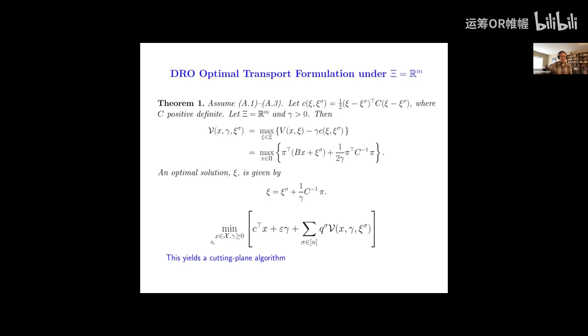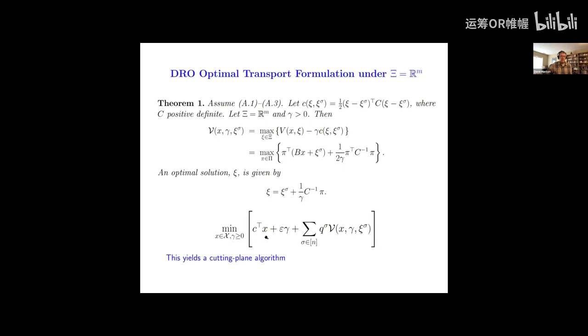Okay, so I'm not going to go into details of what this cutting plane algorithm is, but this V function, the value function, has the original decisions X, but now it has this additional gamma, which is really a first stage decision. So it's making decisions in a space that has one higher dimension.